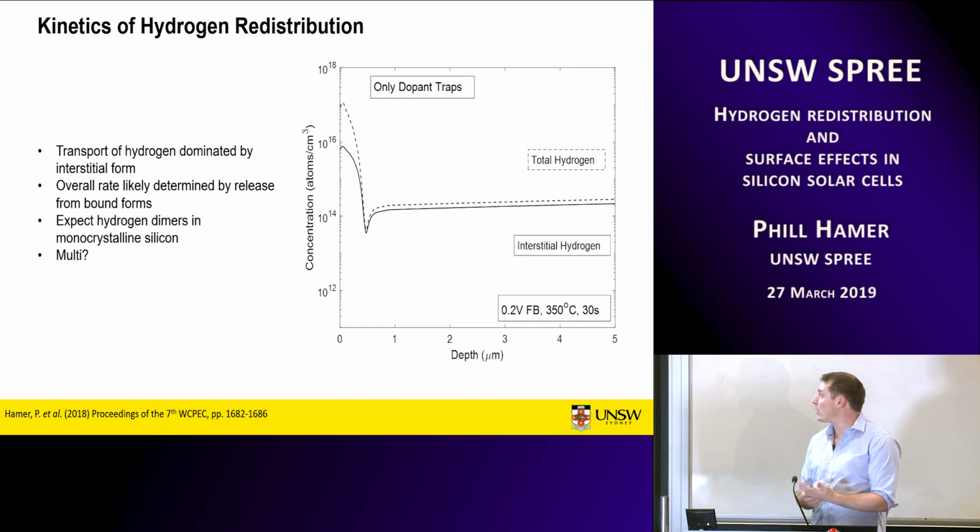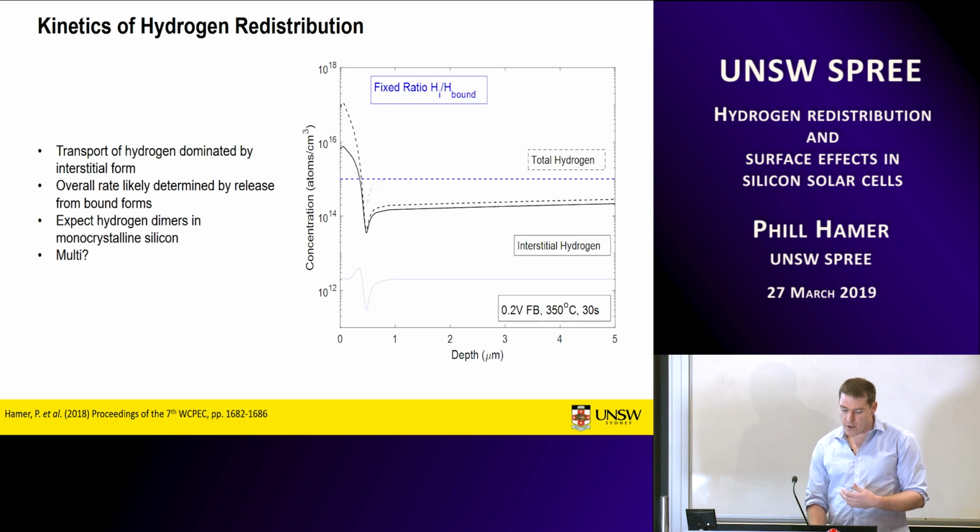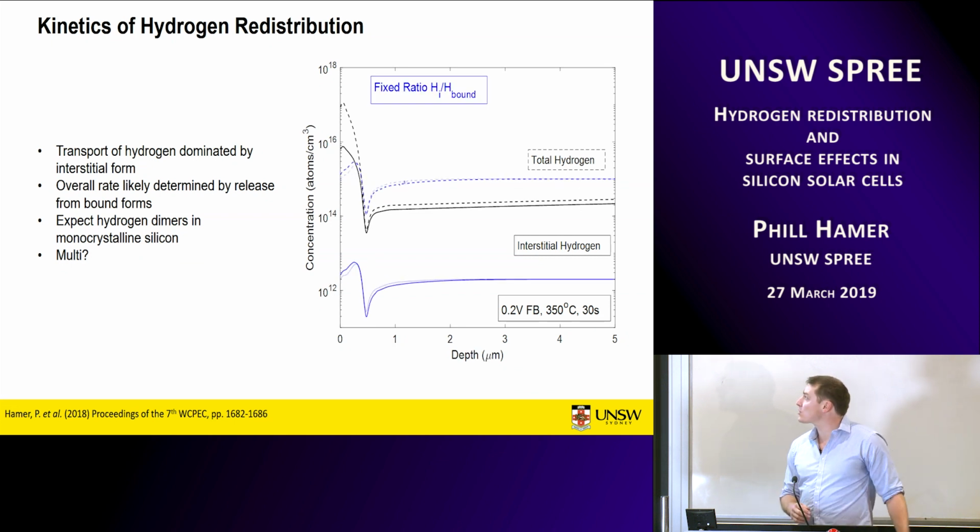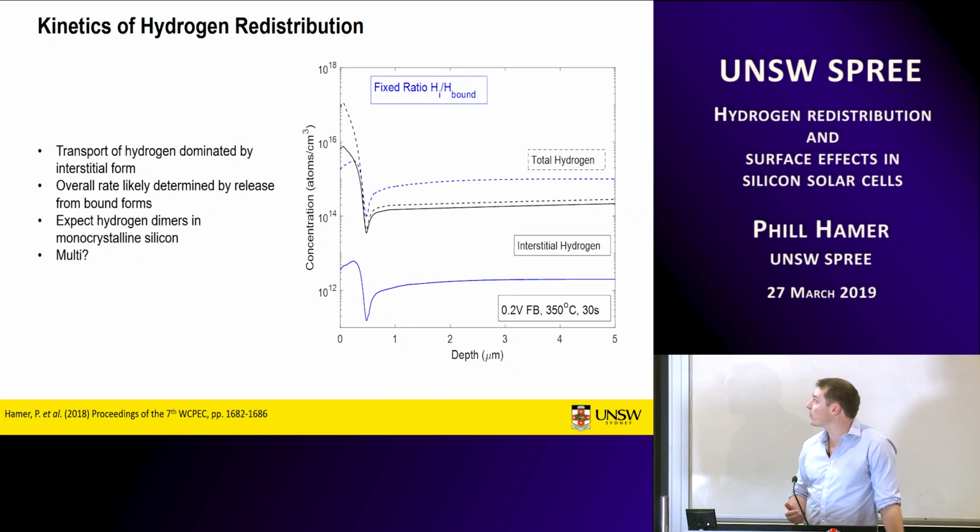So it redistributes very quickly, and we do get significant long-range redistribution of hydrogen. However, if we consider a trap where there's a fixed ratio and only a small amount of the hydrogen in the structure is interstitial during the process, then while we still get the build-up at the surface, we don't redistribute that much from the bulk. Or we can have a scenario where we have a very slow release of hydrogen from our bound forms in the bulk.